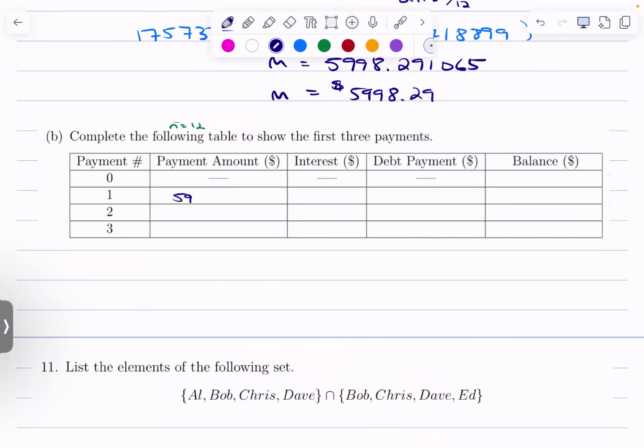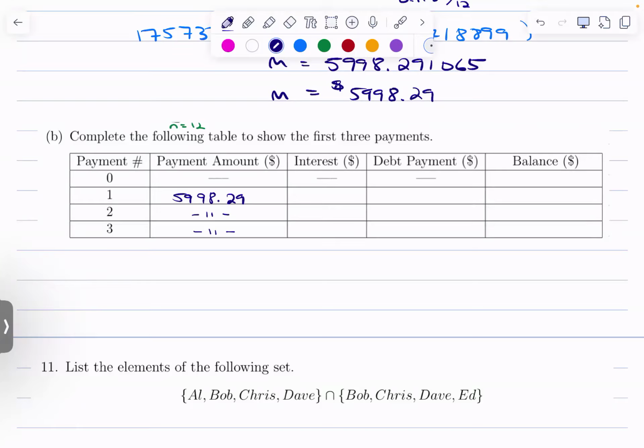Because we have 5998.29 and they're the same, which I'll cheat and use the ditto mark. I don't know if that's the actual name of it though, but it means the same as above.